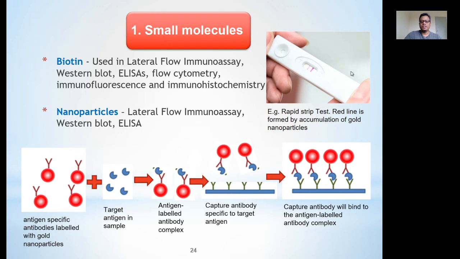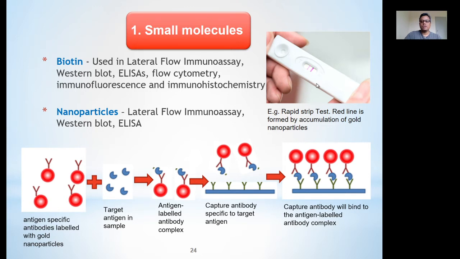This rapid strip test is very common. They are applied in the diagnosis of COVID-19, dengue, hepatitis B, and many types of tests for illegal drugs, where we put urine here and the antibody will capture the illegal drug and so on. The process will be the same. We just change the specificity of the antibody.